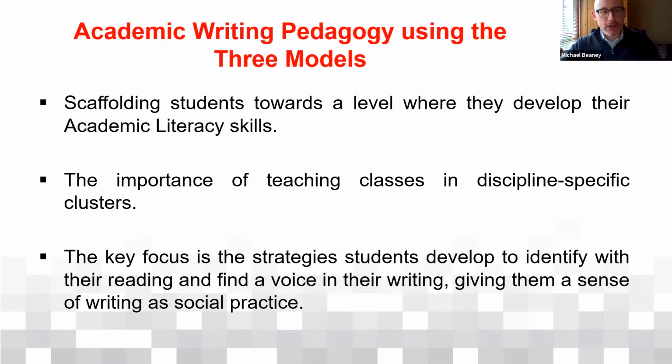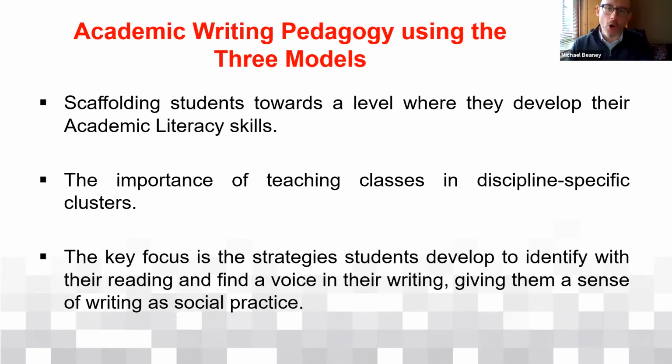So in terms of academic literacy skills, what we're trying to do is scaffold the students to where they develop their own literacy skills. It's a scaffolding task. And I think that emphasizes the importance of teaching English for specific academic purposes rather than for general academic purposes.